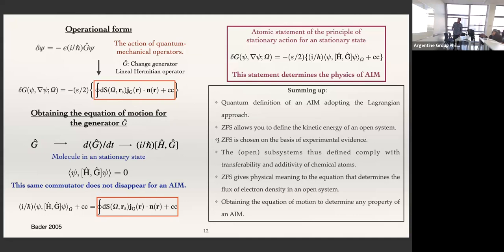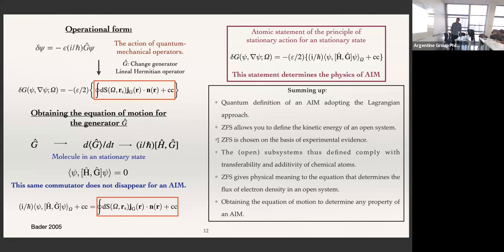Summing up, Bader offers a quantum definition of an atom adopting the Lagrangian approach. The zero flux surface condition allows defining the kinetic energy of an open system, and this condition is chosen on the basis of experimental evidence. The open subsystem defined by the zero flux surface complies with the transferability and additivity of chemical atoms.